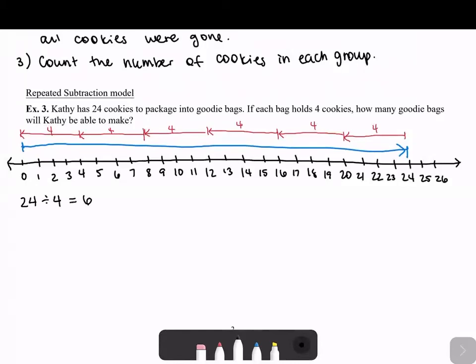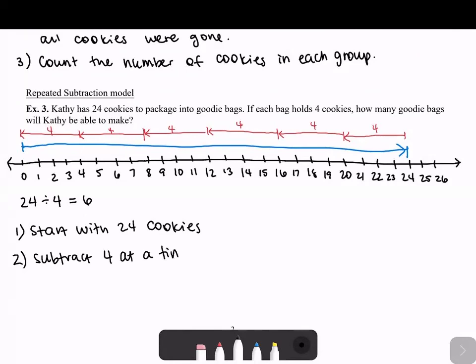Okay, so again, let's write out what we did. So the first thing that we did was we started with 24 cookies. And then we subtracted 4 at a time until we got to 0, because then we can't subtract 4 anymore.